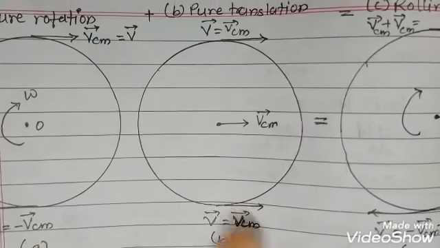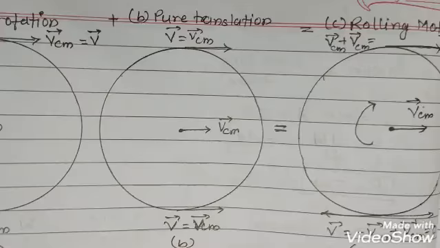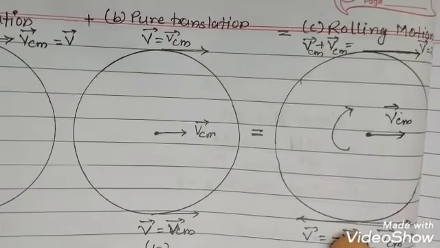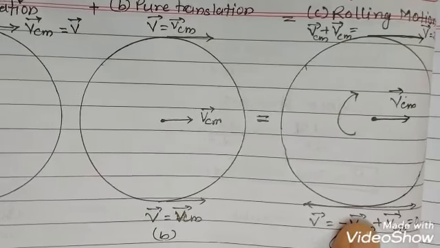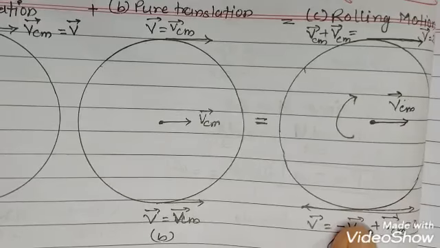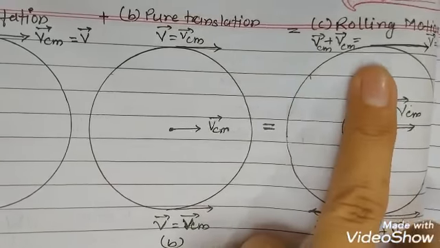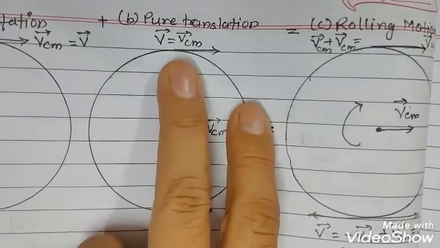If you see the vector sum of these two, they will cancel, so the portion of the wheel at the bottom would be stationary, and the portion of the wheel at the top, both directions add up, the vector sum.